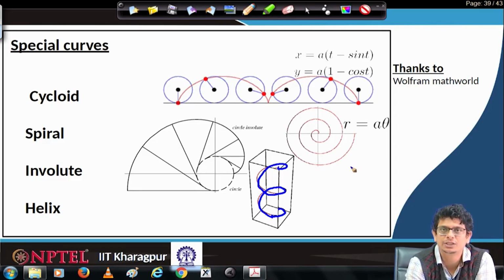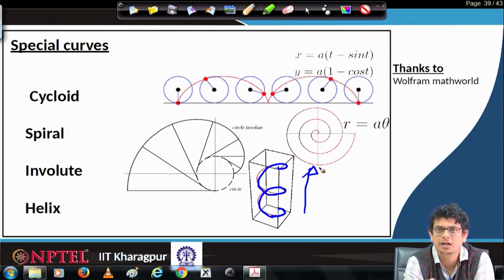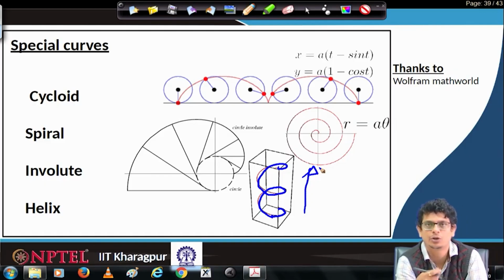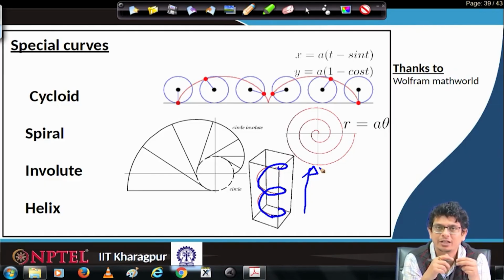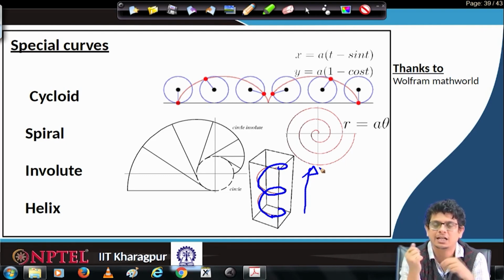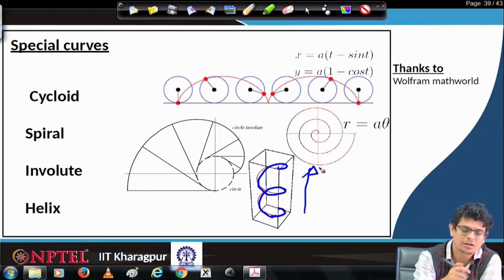Basically it is a circle which is moving in the axial direction. Such things are called a helix. For example, springs: if you open a typical pen and look at the spring, it always has a constant radius and continuously advances in the axial direction. Such things we call a helix.